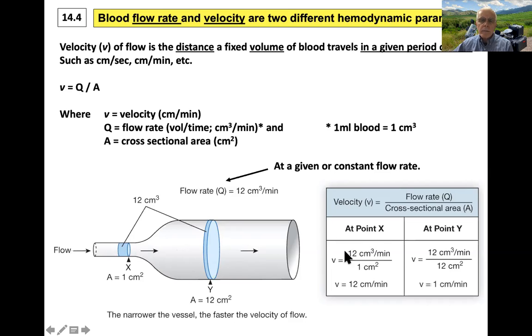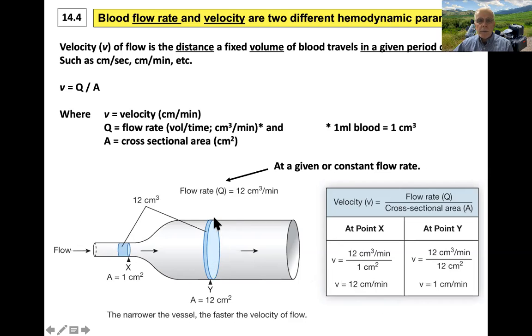She says, at this point X, velocity is equal to Q over the cross-sectional area, flow rate over the cross-sectional area. The flow rate is 12 cubic centimeters per minute, 12 mils per minute, divided by a cross-sectional area of 1 square centimeter. 1 into 12 is 12. So I've got 12 centimeters per minute velocity.